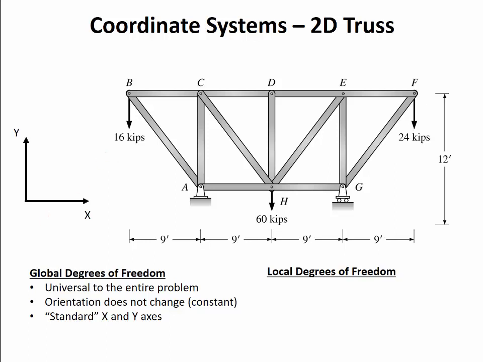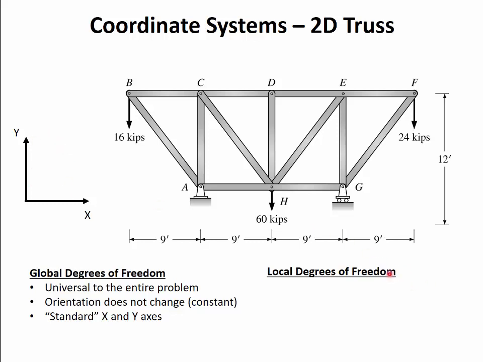So we have our X and Y axes here. It's unchanging, right? I'm looking at my design when I start drawing it on my piece of paper or in my computer software, whatever it is, the orientation does not change no matter what. If I rotate it in the computer software, the orientation changes with it. That is our global coordinate system, never changing.